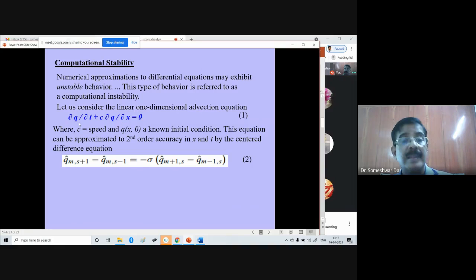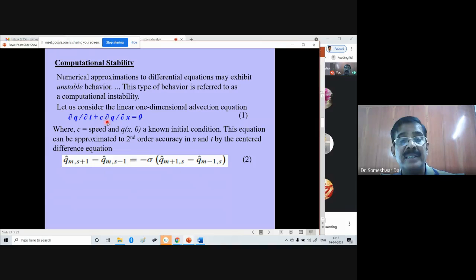Q at a grid point m and time step s plus 1, minus q at the same location at time s minus 1, the previous time step, is equal to minus sigma, which accommodates the c factor, times q at m plus 1 at s.